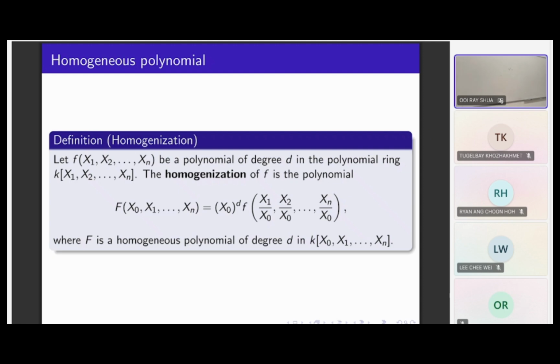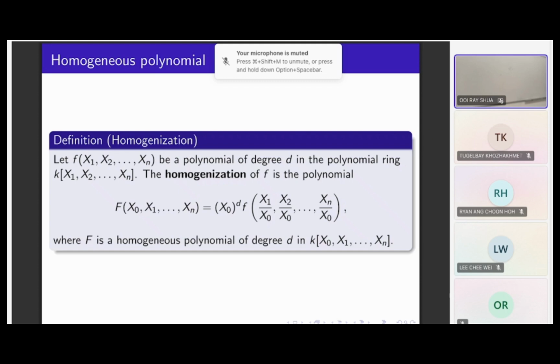Then you include another new term x naught, divide by it, not zero of course, and multiply by x naught to the power d, and you get a new homogeneous polynomial. Whether or not you want to trust me, you can try yourself: take any non-homogeneous polynomial and do this, and you'll find it turns into a homogeneous polynomial.